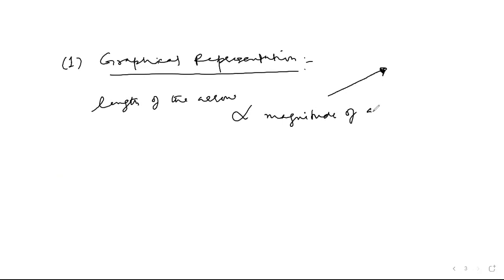How we represent, so under this heading properties of vectors, first I write graphical representation. We represent a vector graphically by an arrow, right? With the condition that the length of the arrow is proportional to the magnitude of a vector, right?